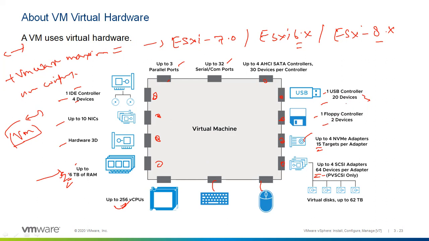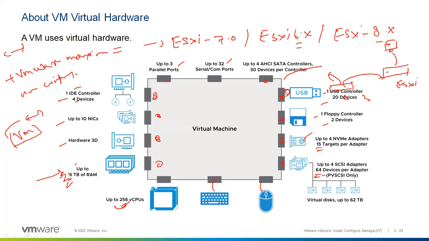If I ask you how you will connect USB to a virtual machine, that's not possible physically, but it will create a virtual USB controller. Let me give you a pictorial diagram. This is my VM, this is my ESXi. As an end user, you browse this ESXi and you are in this VM console.